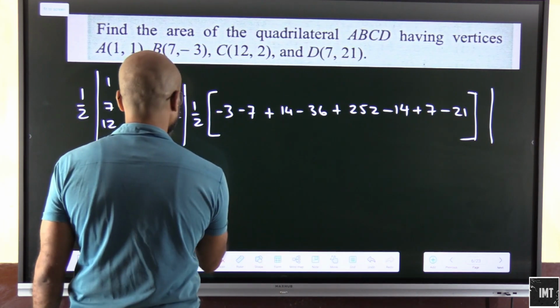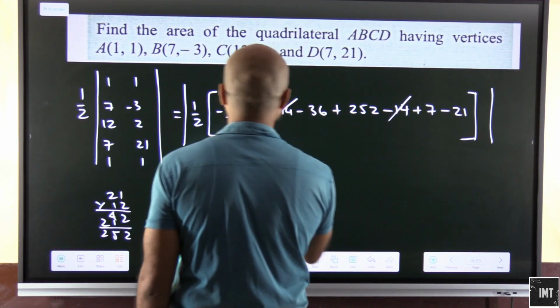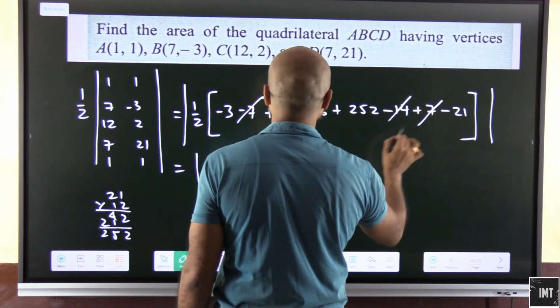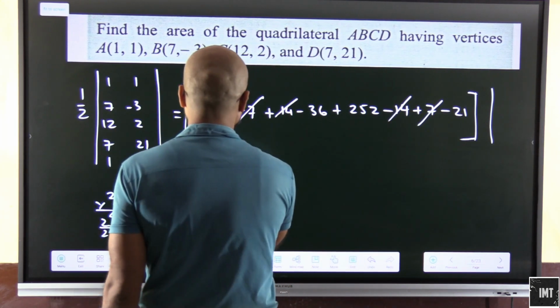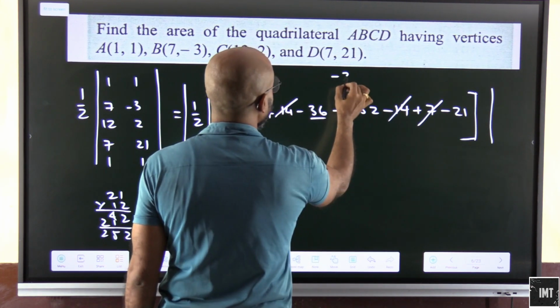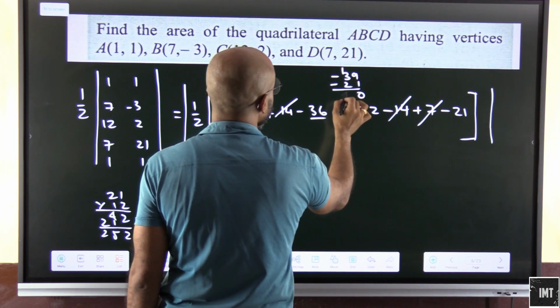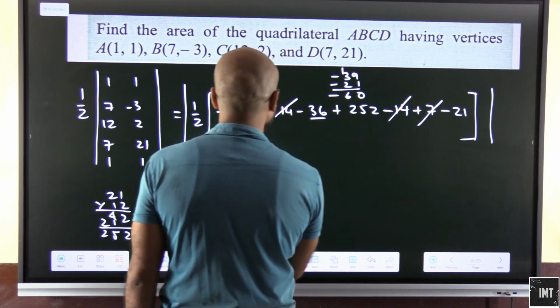Let's quickly look at the value here. Half, 14 and minus 14 gets cancelled, minus 7 plus 7 gets cancelled, so we have here minus 39 minus 21, 9 plus 1 is 10, 3 plus 1 is 4, 4 plus 5, 6, minus 60.